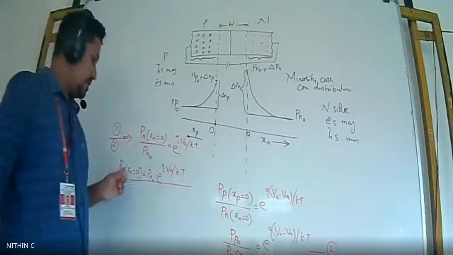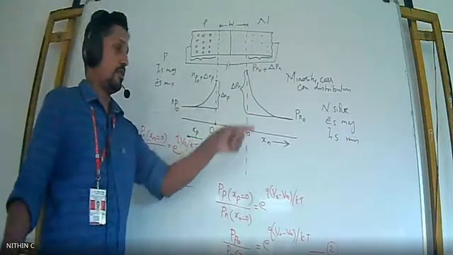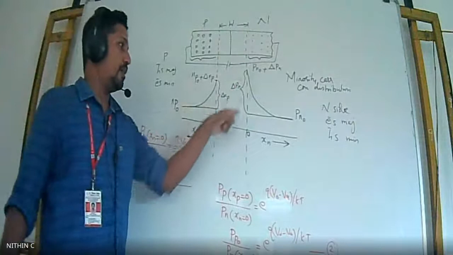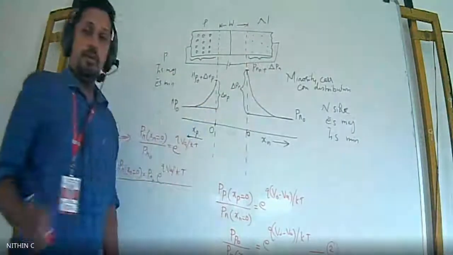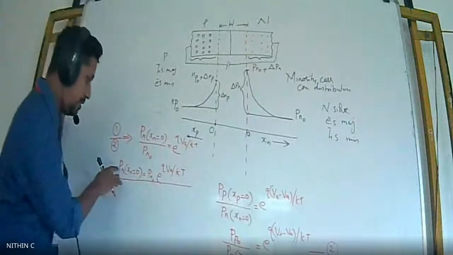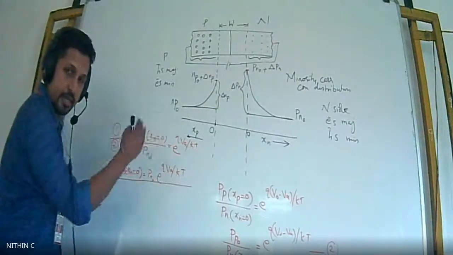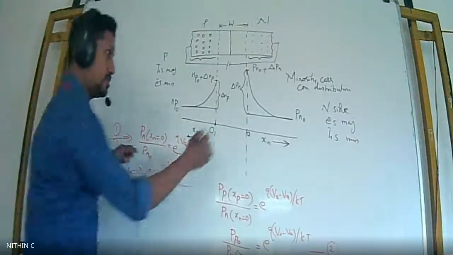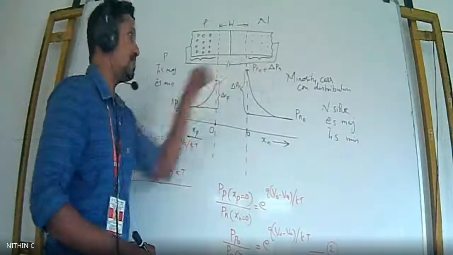So we know that what is the value of Pn(xn=0)? Pn, concentration of holes on the n side at xn equals 0. We know that at xn equals 0, this is the value of minority carrier concentration. Like Pn, what is it? Minority carrier at n, right? The holes on the n side, it's the minority carrier at xn equals 0. xn equals 0 is this point. What is the value of the minority carrier at this point? Pn0 plus delta Pn.